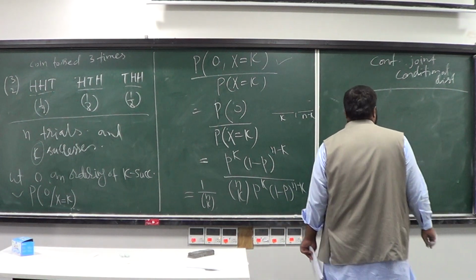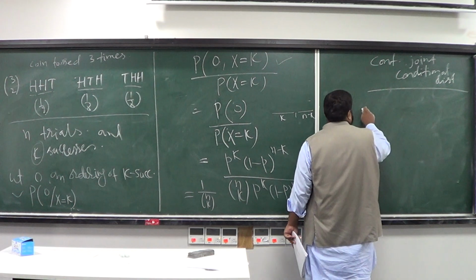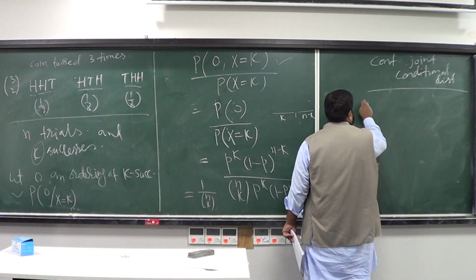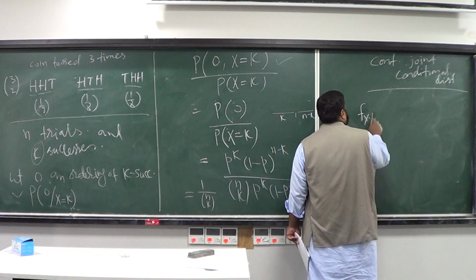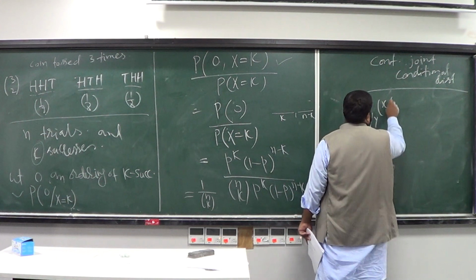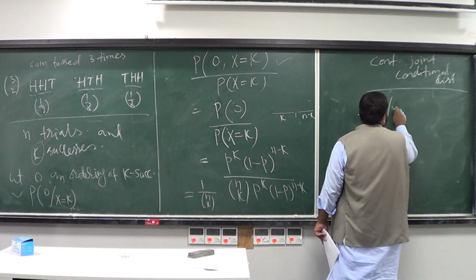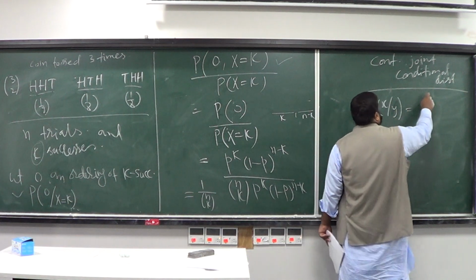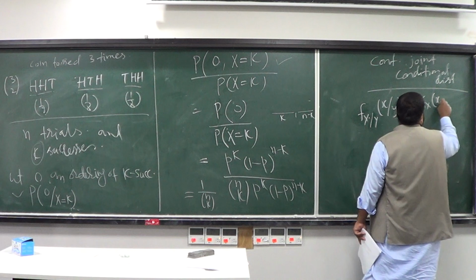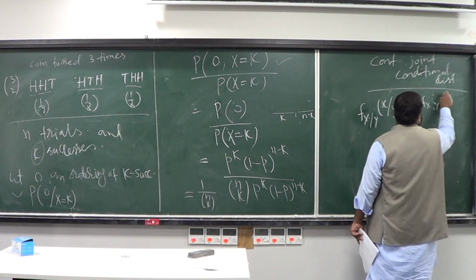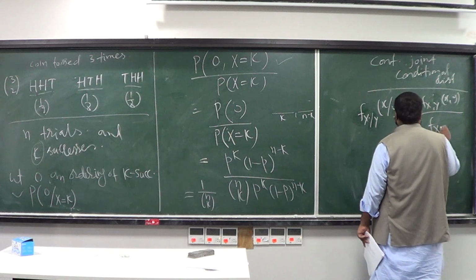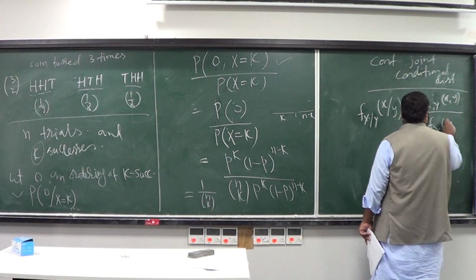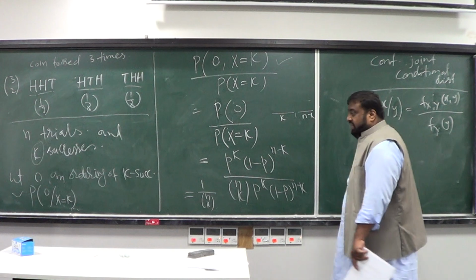Now the outcome is going to be the same, the basic definition is going to be the same: the conditional PDF of X given Y, where X takes the value x and Y takes the value y, is equal to the joint PDF of X and Y divided by the marginal PDF of Y.